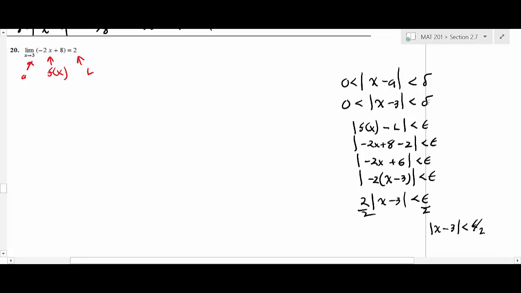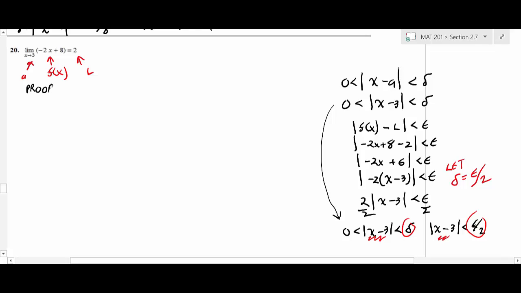So if you take this statement, where you have 0 < |x − 3| < delta, since these things are the same, then these things have to be the same. So in our proof, we're going to let delta be equal to epsilon/2.